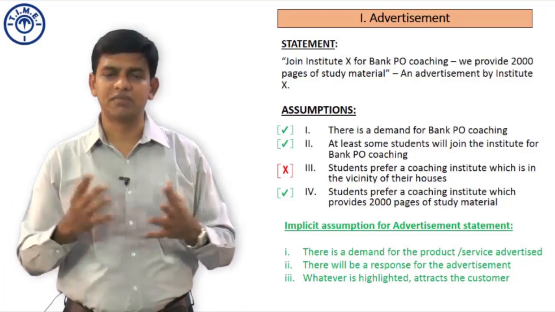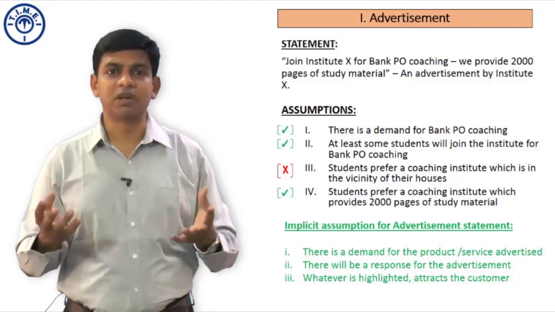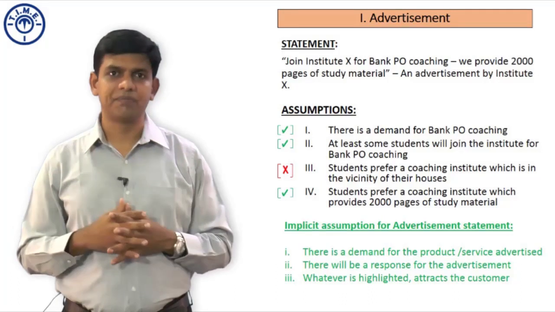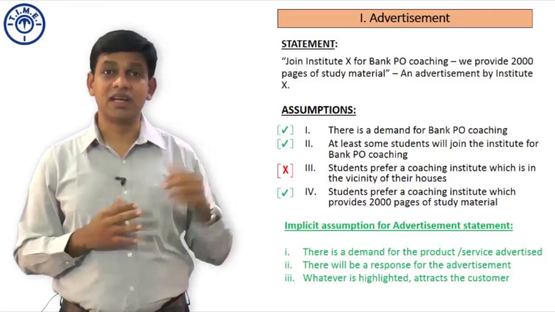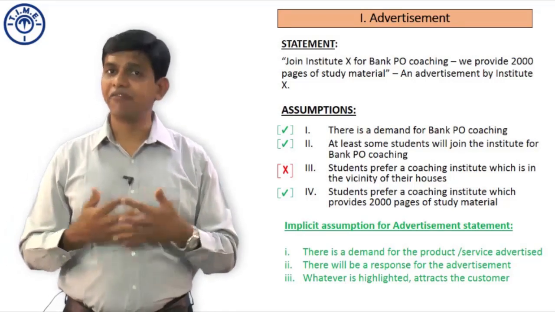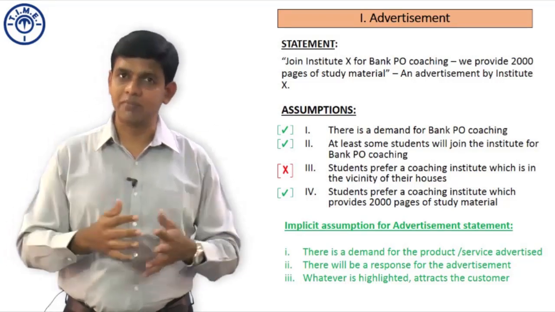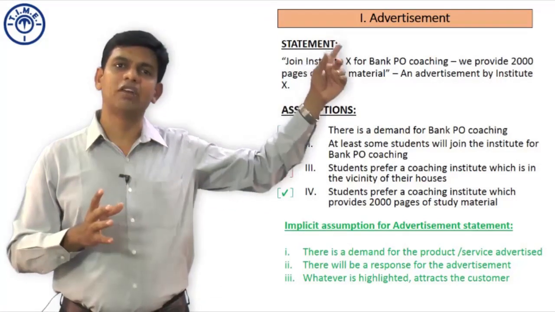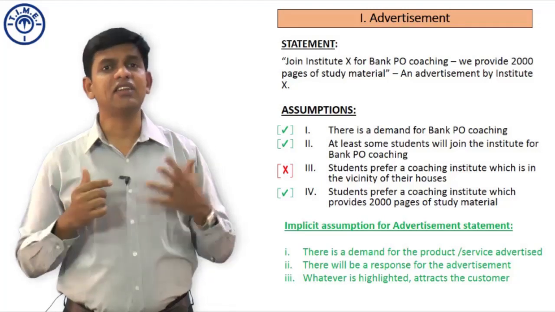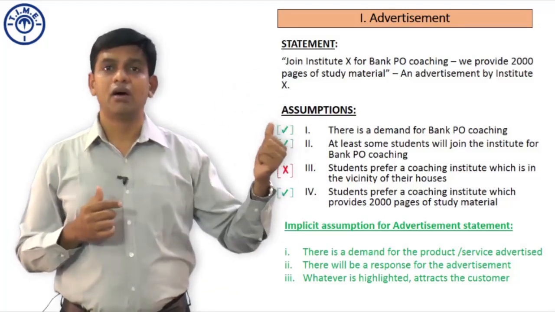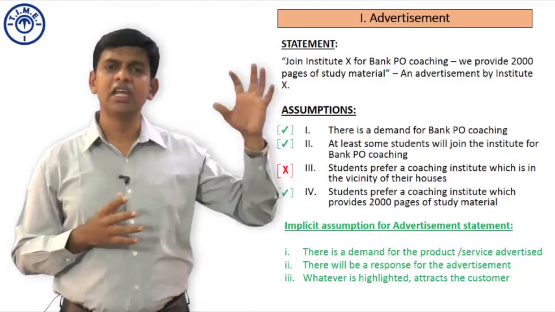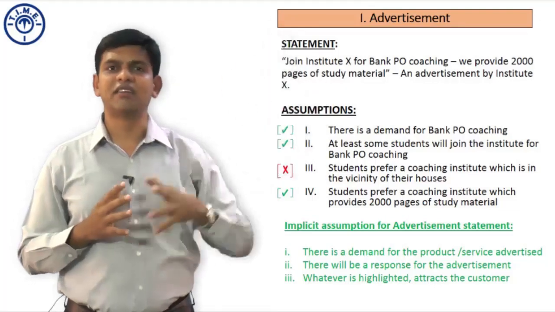Now, let's look at the third assumption. What is it saying here? Students prefer a coaching institute which is in the vicinity of their houses. That's the third assumption given by the examiner for me. Now, look at it. If I have to figure out whether this assumption is there in the mind of the speaker before he made this statement, if there is a reason for me to believe that the speaker understands that the student prefers an institute within the vicinity, he would have mentioned this in the advertisement.